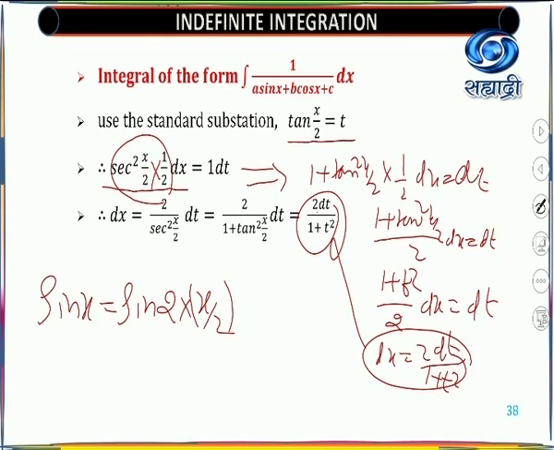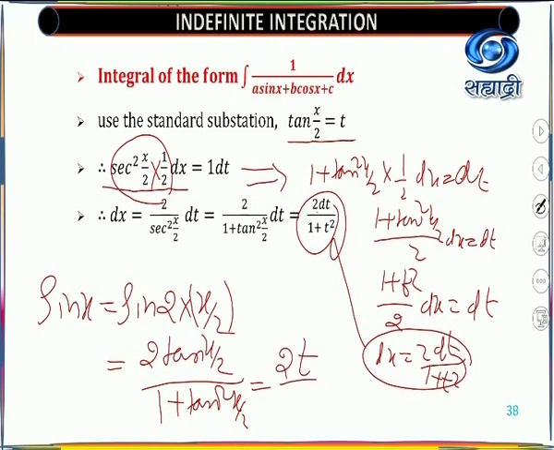That formula is 2 tan x by 2 upon 1 plus tan square x by 2. Why this is so, you already learned in 11th standard. So you will get this as 2t upon 1 plus t square. This is the value of sin x which you will substitute here.